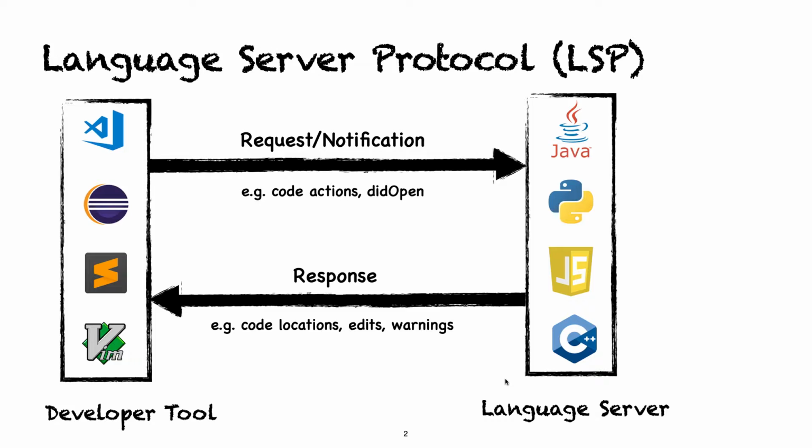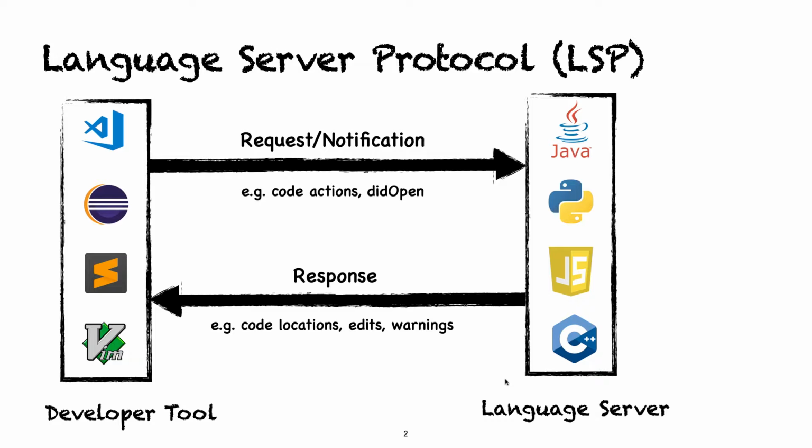It is an invention of Microsoft for supporting different programming languages in Visual Studio Code, and it has been widely adopted by other developer tools such as Eclipse, Sublime Text, Vim, and so on.